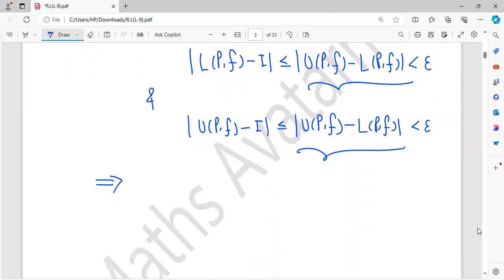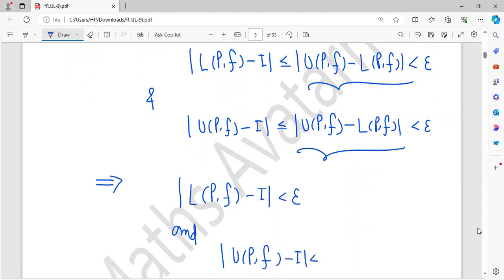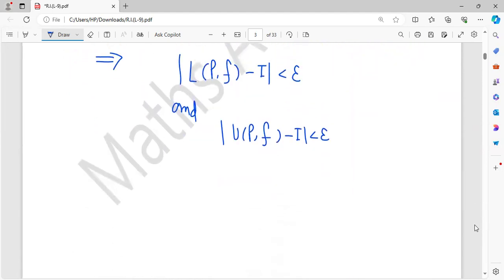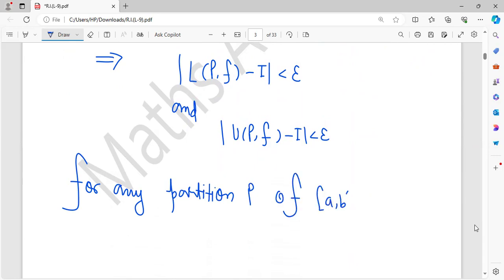So this implies L(P,f) minus I less than epsilon and U(P,f) minus I less than epsilon, for any partition P of the closed interval [a,b] with norm of P less than delta. So one part is done.